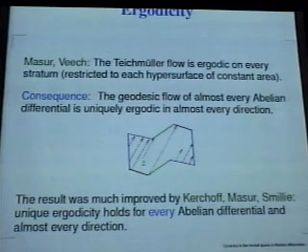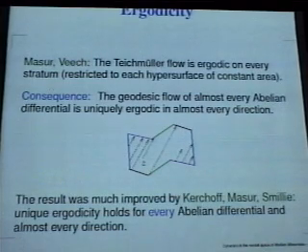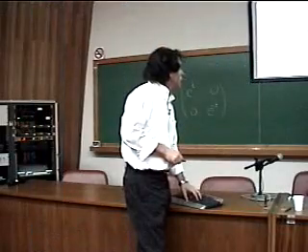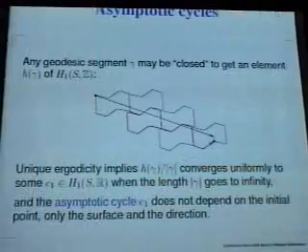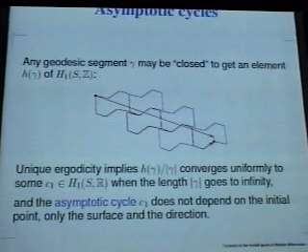So you see a statement about the Teichmüller flow in the space of all abelian differentials and the consequence on the behavior of individual abelian differentials, of individual translation surfaces. So I want to describe another, more recent result that goes along this moral principle.